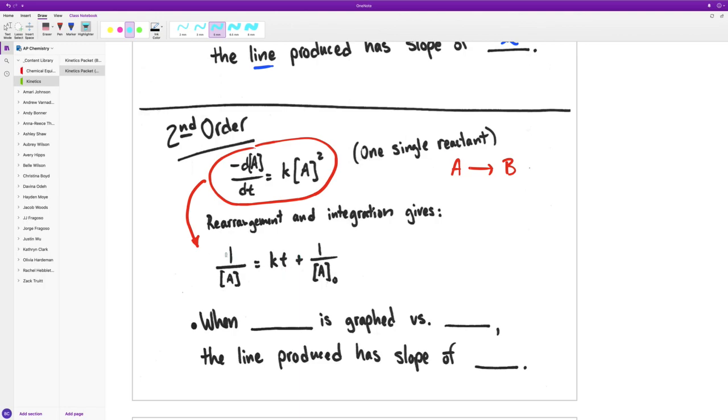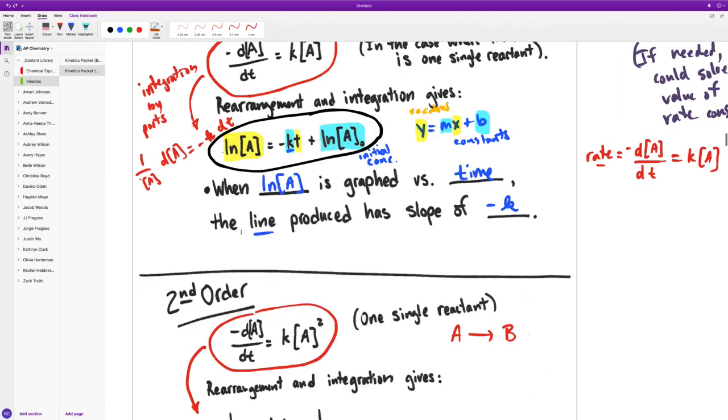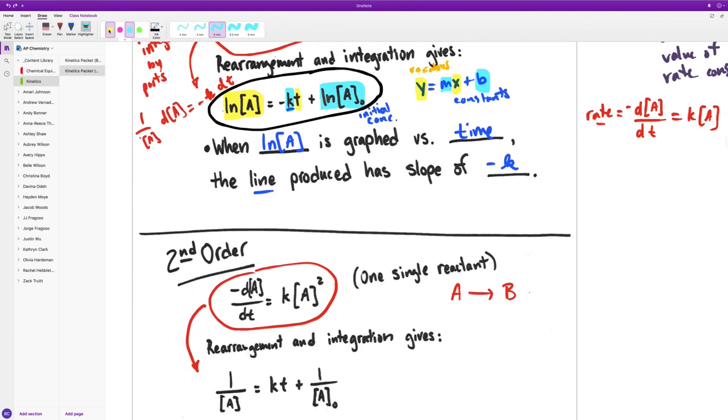We've got two variables, which I was supposed to highlight in yellow, I think. The variables are yellow, right? This is like our y, and t is our x, and we've got two constants, the rate constant, and instead of logarithms, it's inverses, but the reciprocal of our initial concentration is going to be the y-intercept in this equation.